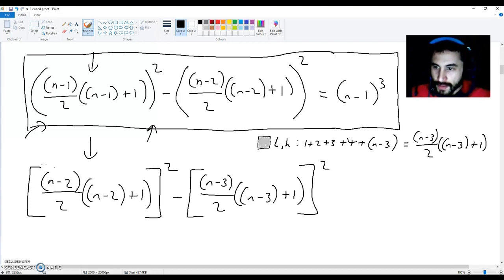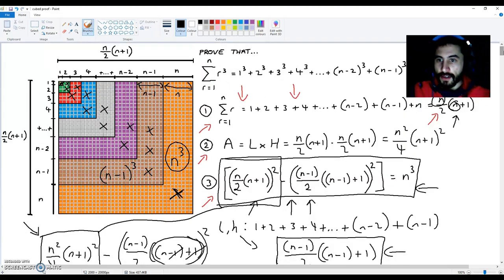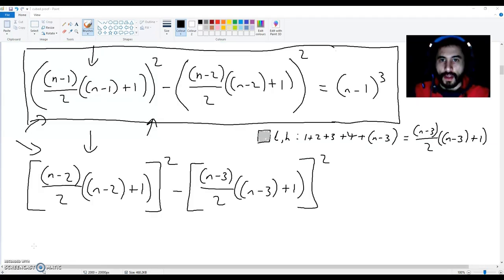So this expression over here is going to give us, let me see, the shaded area over here in purple. We are getting the purple square, okay, and we are subtracting the grey square from it, and we're going to be left with this purple shaded area.